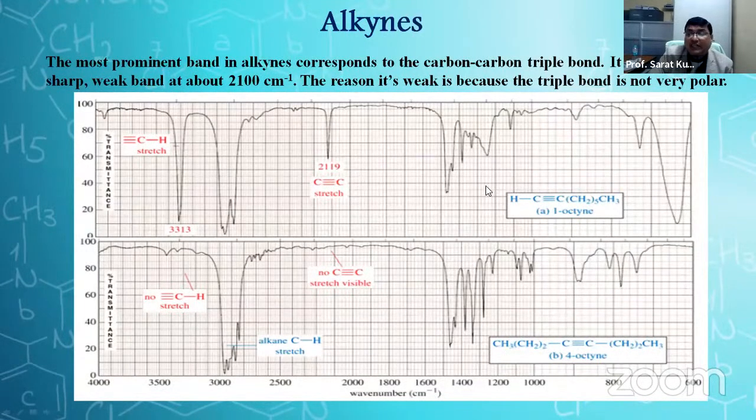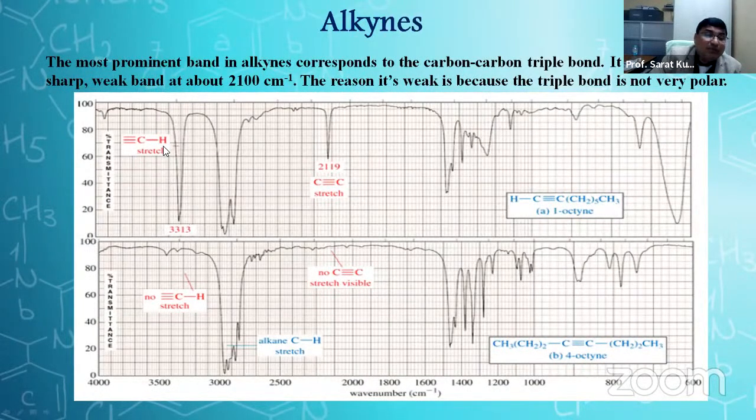Suppose you take an alkyne. In an alkyne, the most important is the carbon-carbon triple bond. You see, the carbon-carbon triple bond comes around 2119 centimeter inverse. But if you see the CH bond close to the carbon-carbon triple bond, that means the triple bonded carbon hydrogen comes very high, 3313.